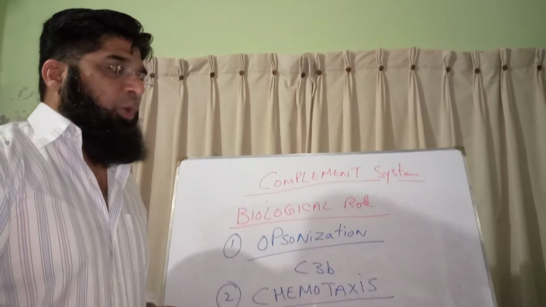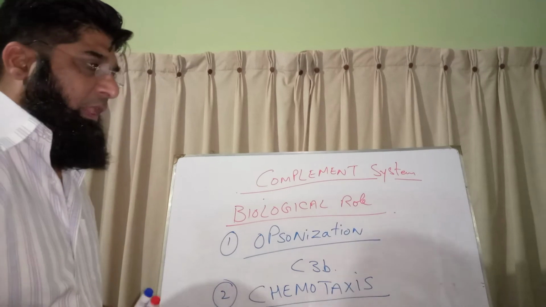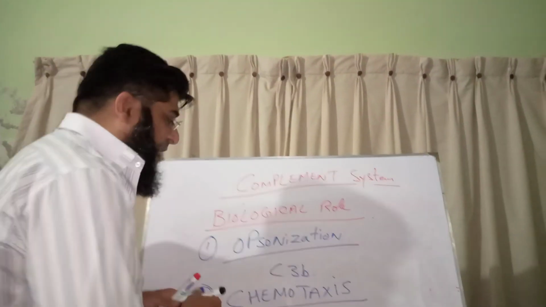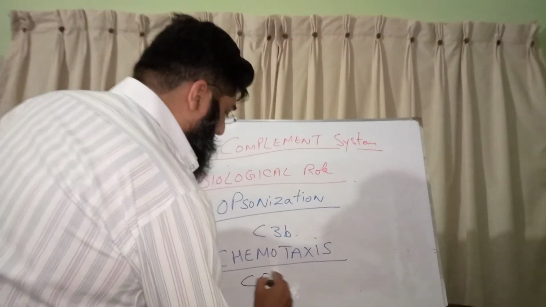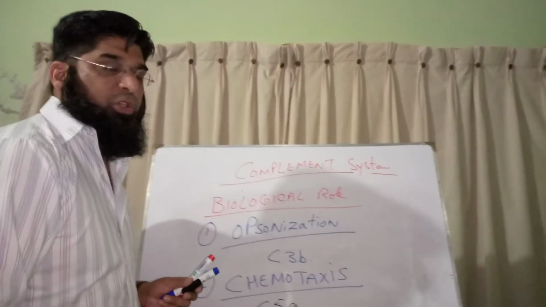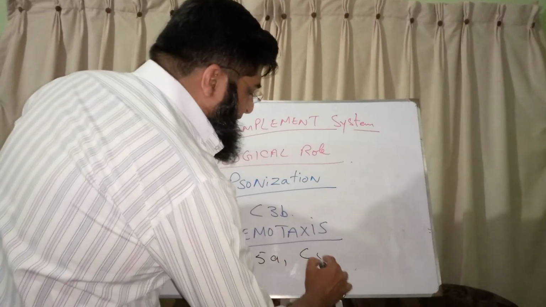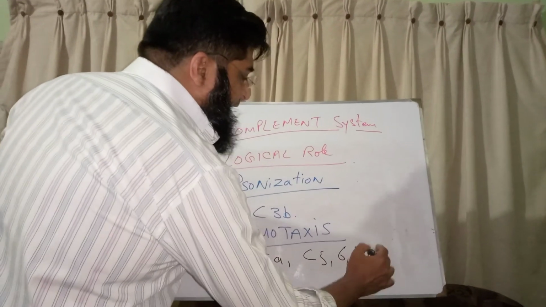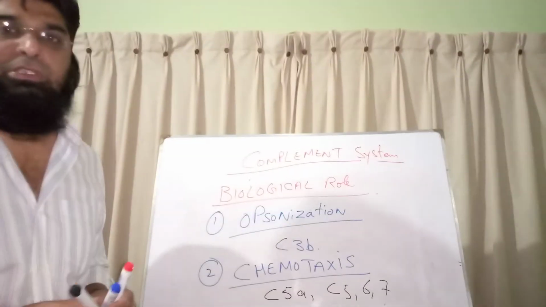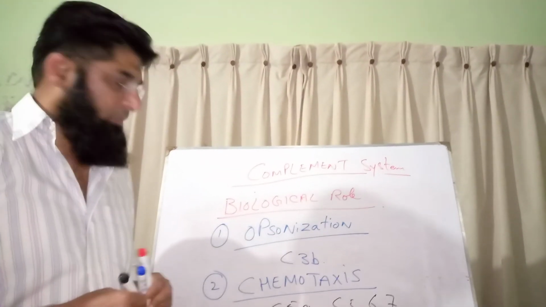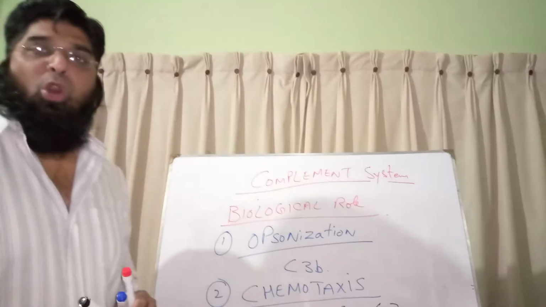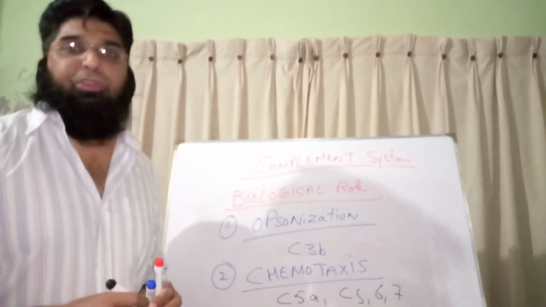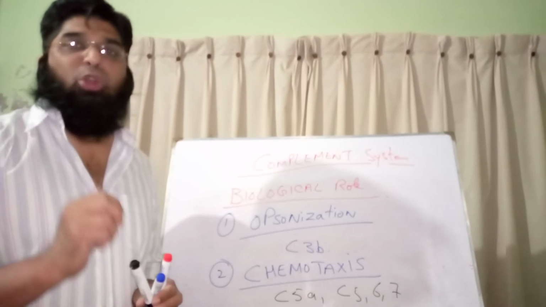These complement proteins, especially C5a, and the combination of C5, 6 and 7 complement proteins, cause chemotaxis of neutrophils at the site of injury.